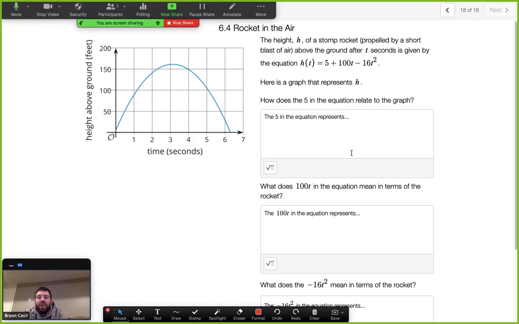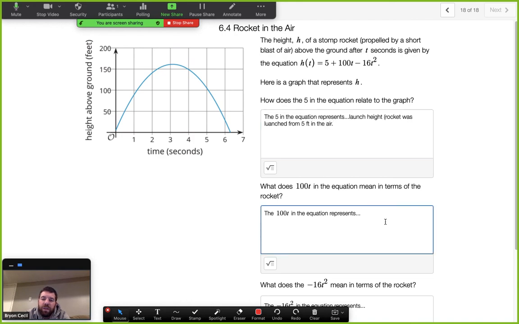So what does the 5 represent? It represents the launch height. The rocket was launched from 5 feet in the air.